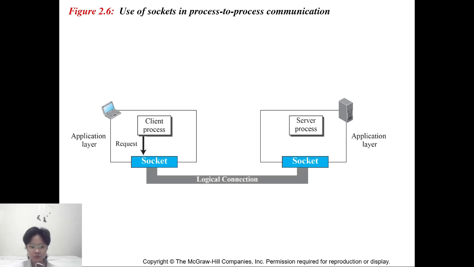The client process sends a request to its socket and then the client socket connects to the server process socket and sends the request to the server process. And you can see the down arrow symbol. The server process responds back to its socket and then connects to the client process.